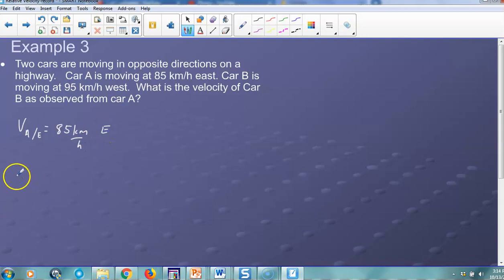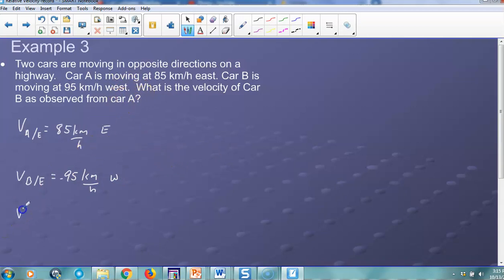Then we have car B, velocity of B to Earth is equal to 95 kilometers per hour to the west. So this is, of course, a negative 95 kilometers per hour.